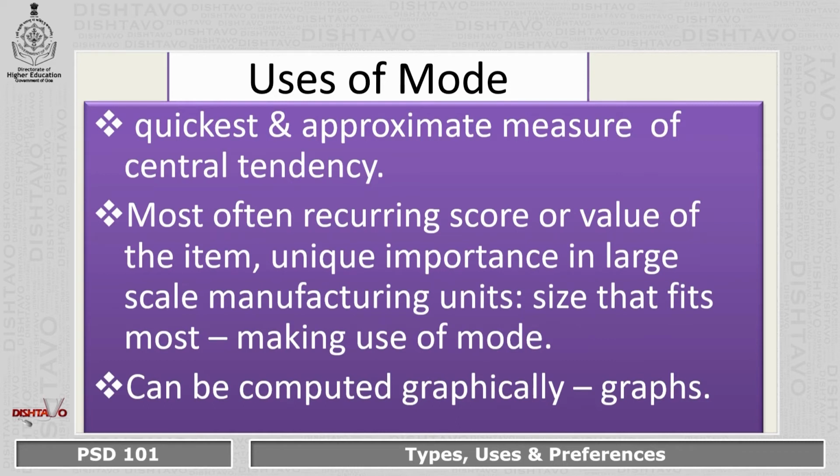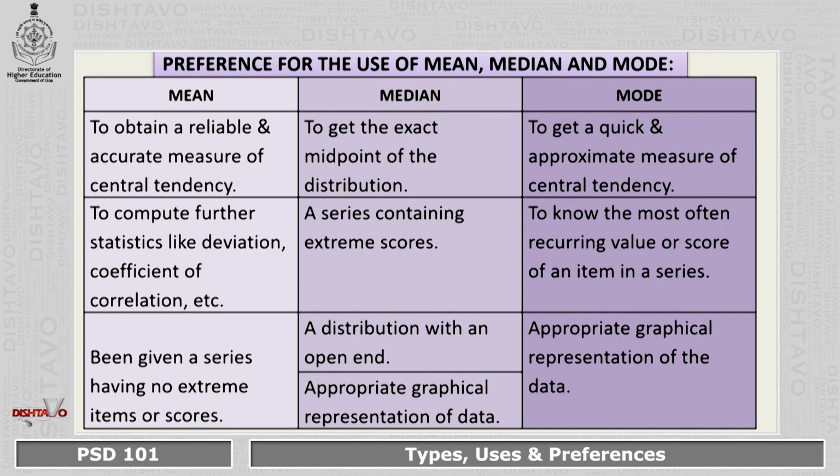Now we move on to the preference for the use of mean, median, and mode. As we have understood through this module, there are three measures of central tendency: mean, median, and mode.